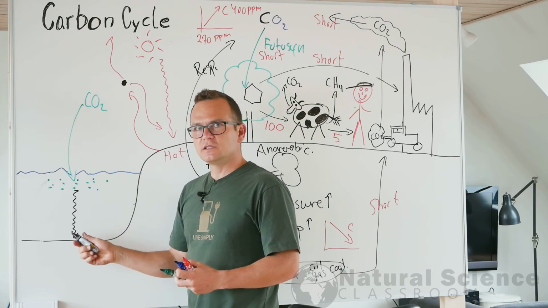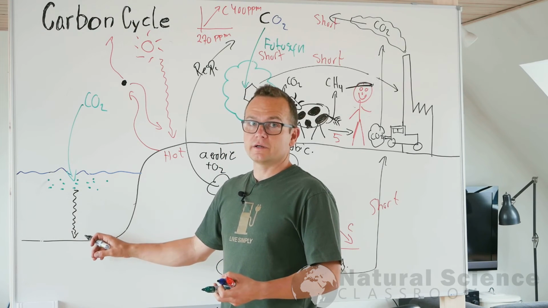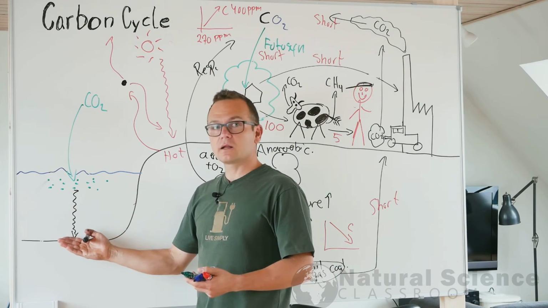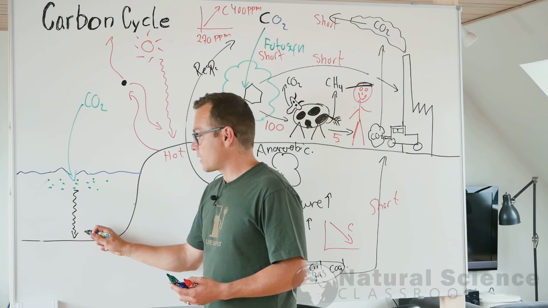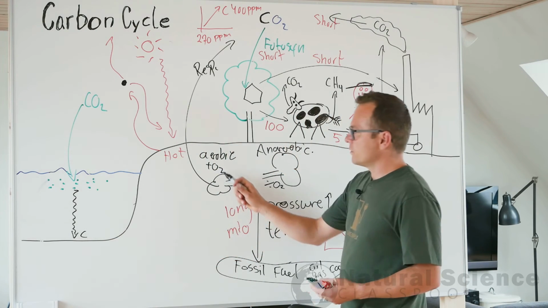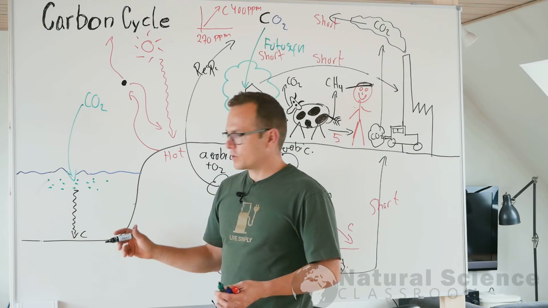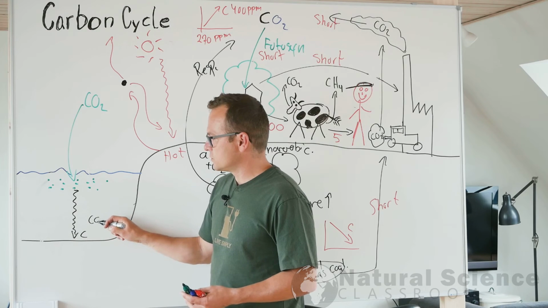And when they reach the deep ocean, well, there's no oxygen down here. So the organic matter will just be stored down here and the carbon will stay down here. If there were oxygen present, then some respiration could occur and we would make some CO2.